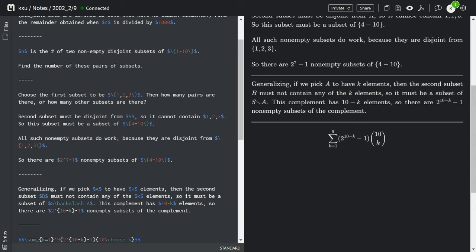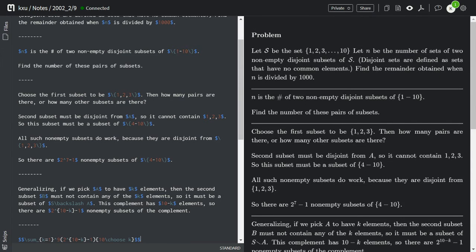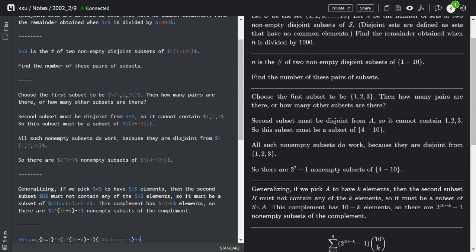Basically, our answer is a form of some set and a subset of its complement. We can see here that if we pick 1, 2, 3, for example, and then 4, 5, 6, then we can obviously pick 4, 5, 6, and then 1, 2, 3 for our second subset.